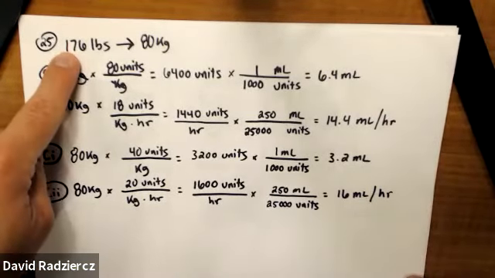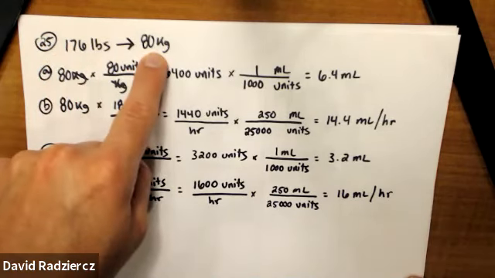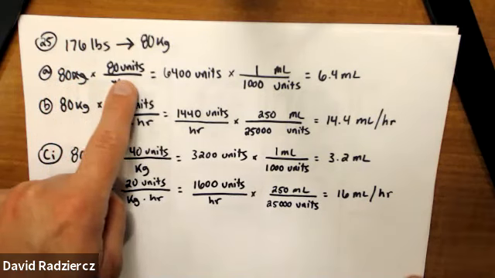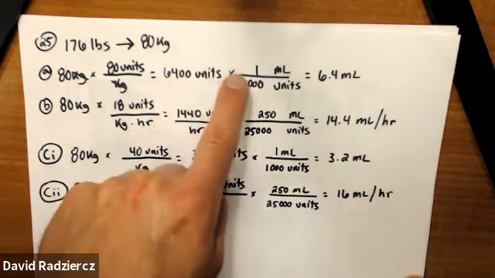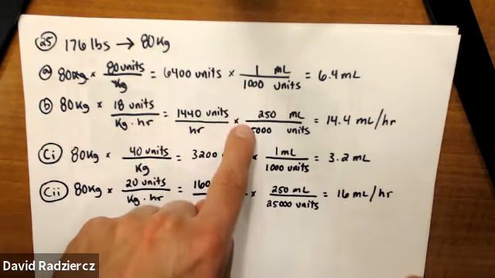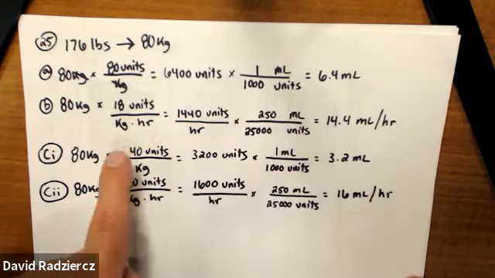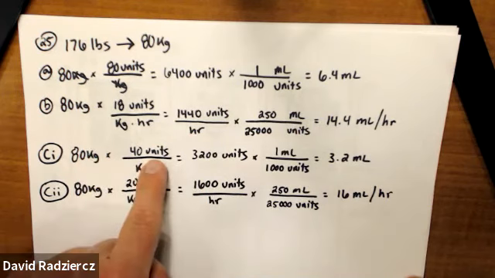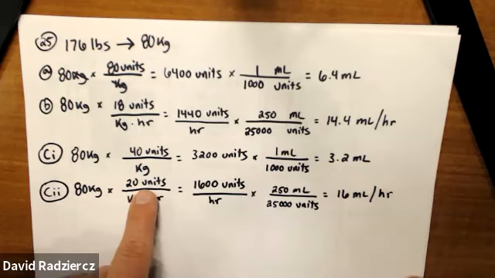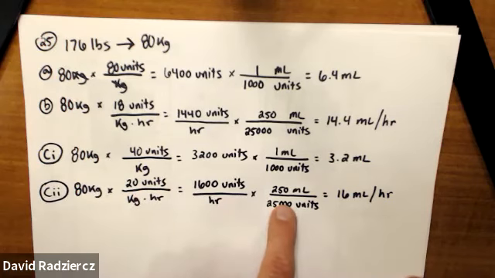I would divide by 2.2 and get 80 kilograms. Then I would follow the same steps: times 80 units, get my units, divide by 1,000, times 18, divide by 100. For the rebolus, times 40, divide by 1,000. For updating the infusion rate, 80 times 20 divided by 100.